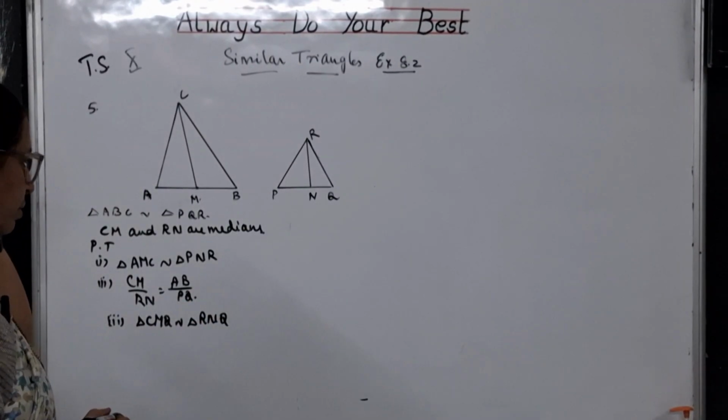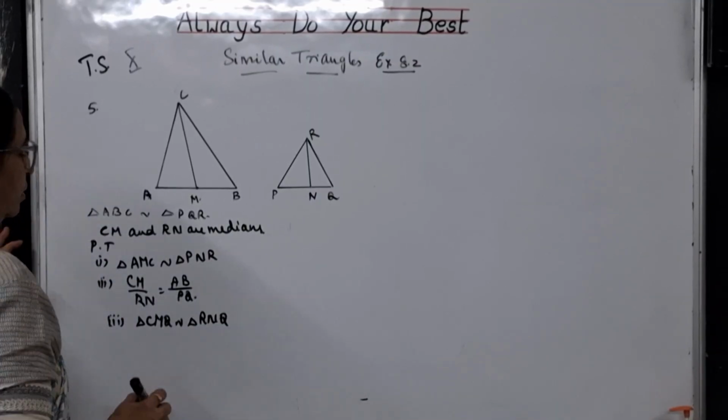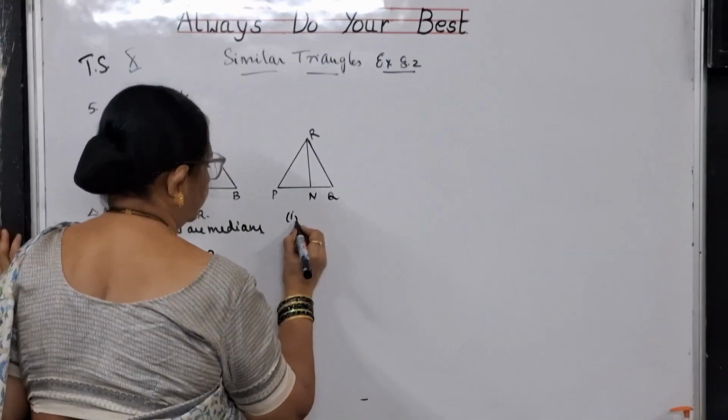These are the three bits that you need to prove. So let us see one by one. I am proving the first bit.